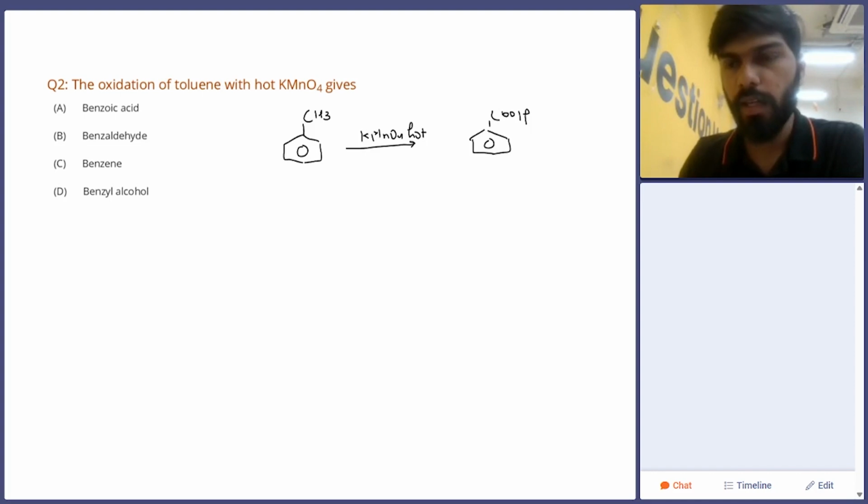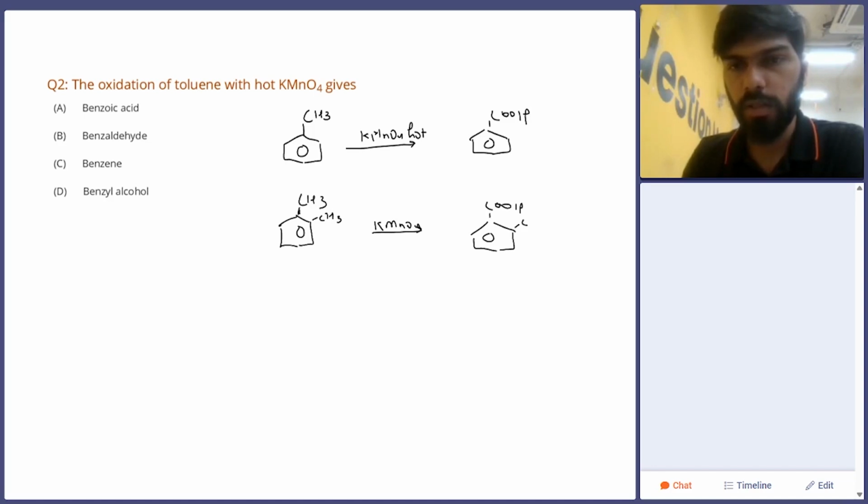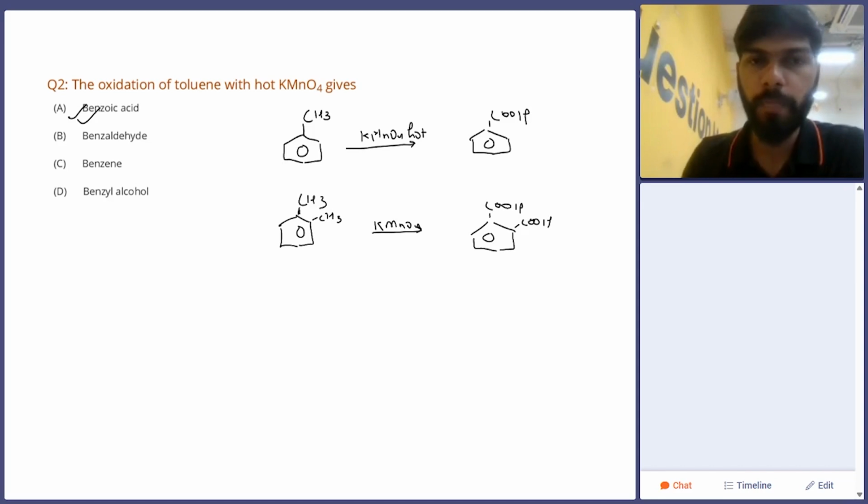In place of that you can take xylene also. Both will transform in the presence of KMnO4 into the COOH carboxyl group. So the right answer for this question is option A.